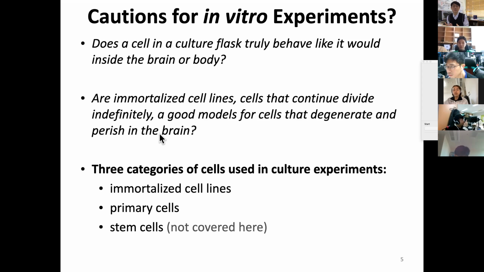A good example is the HeLa cell, which originated from Henrietta Lacks, a woman who had cervical cancer, a very aggressive tumor. A cell line came out of it 70 years ago, and we have been studying it for a long time.